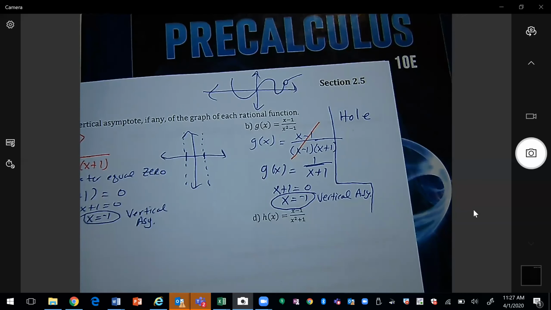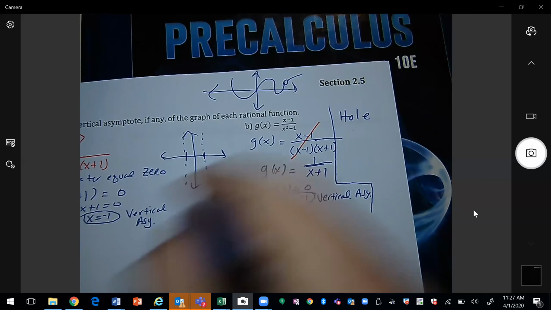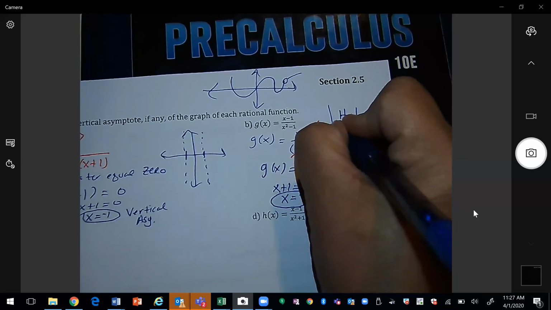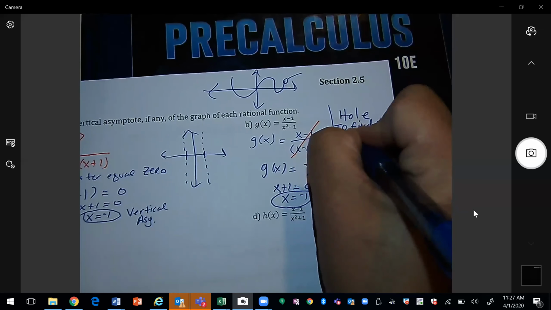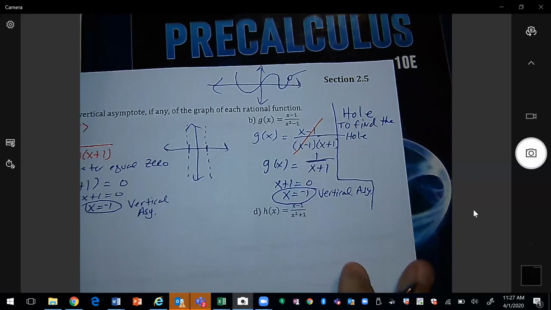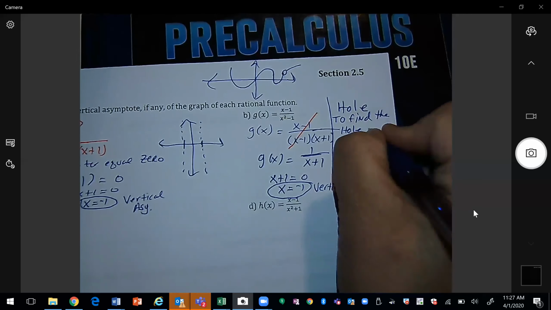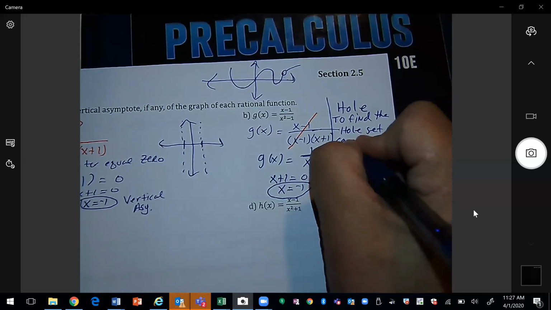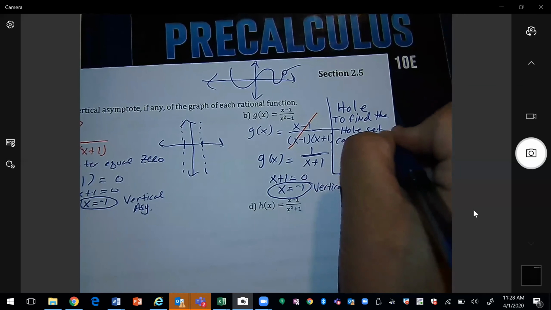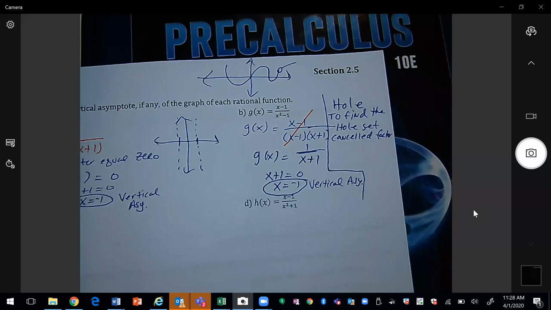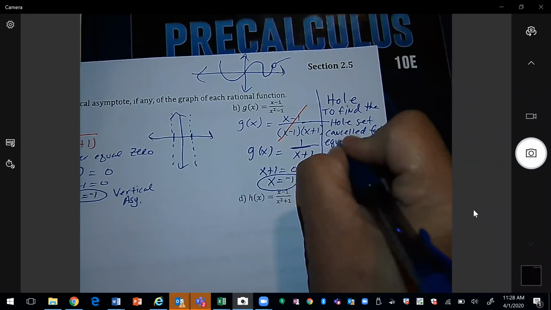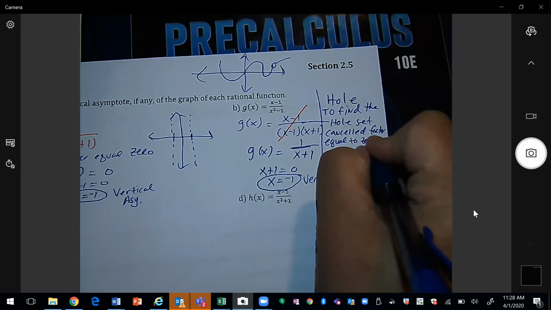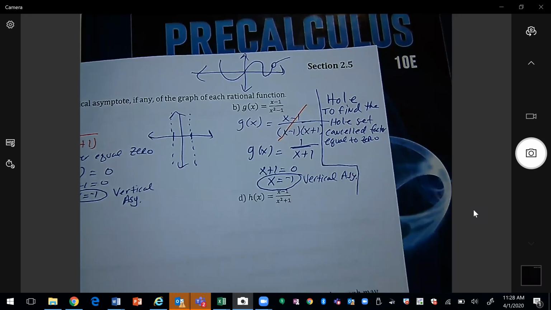And so the way we're gonna find it, let me write the instructions here. Okay, so to find the hole, we're going to set the canceled factor equal to 0 and solve for x.